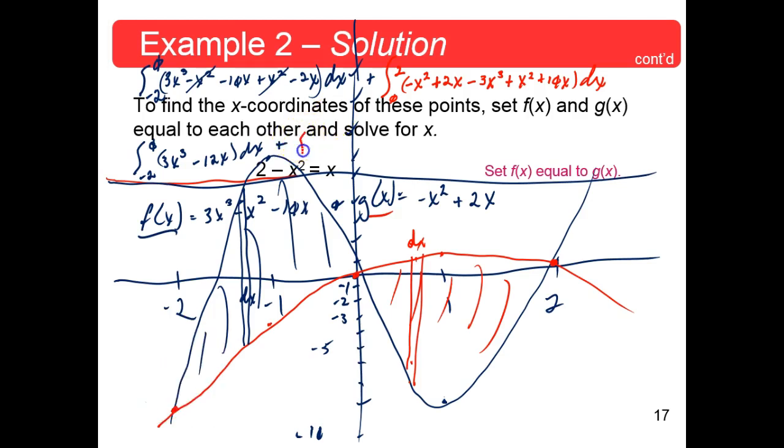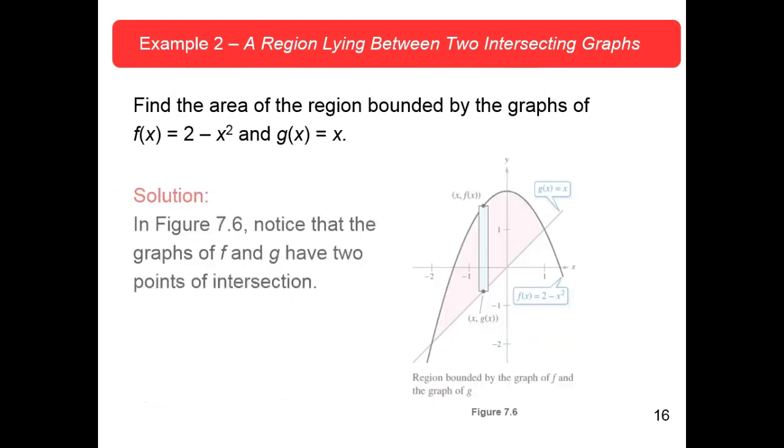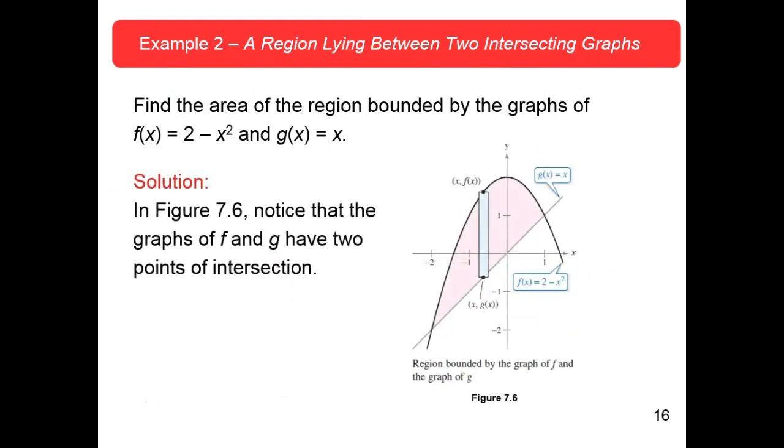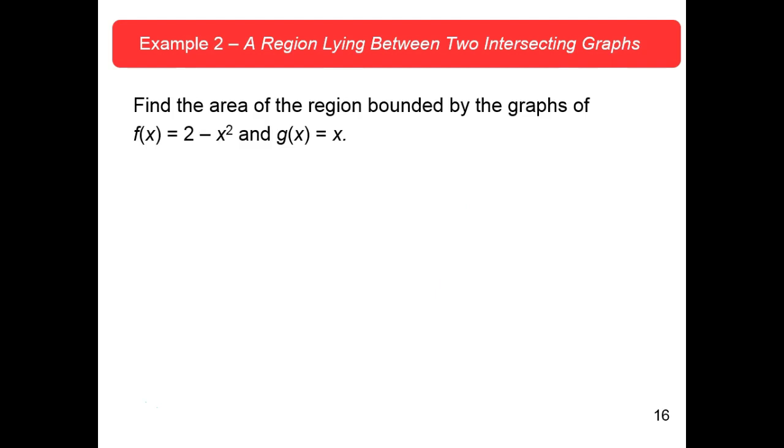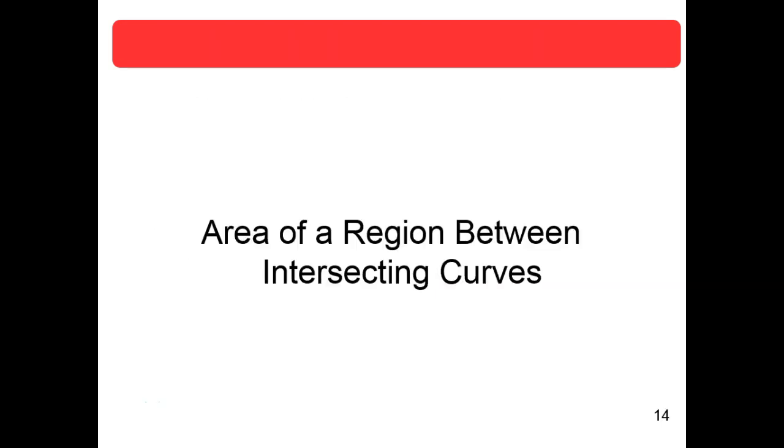Okay, plus the integral from 0 to 2 of, let's move the minus 3x cubed in front, and then we got a minus x squared and a plus x squared. Look at that, those go to 0 again.